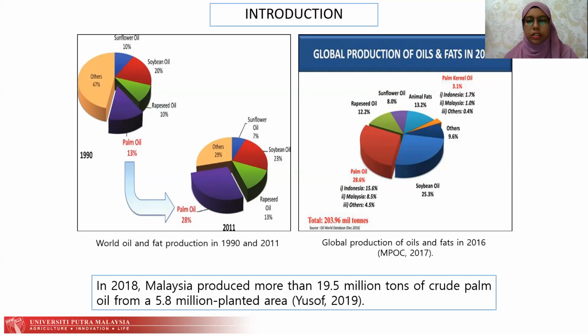And for the global production of oil and fats in 2016, palm oil dominates most of the product, where it contributes 28.6%, where Malaysia has 8.5% of the production. So in 2019, Malaysia produced more than 19.5 million tons of crude palm oil from a 5.8 million hectare planted area.